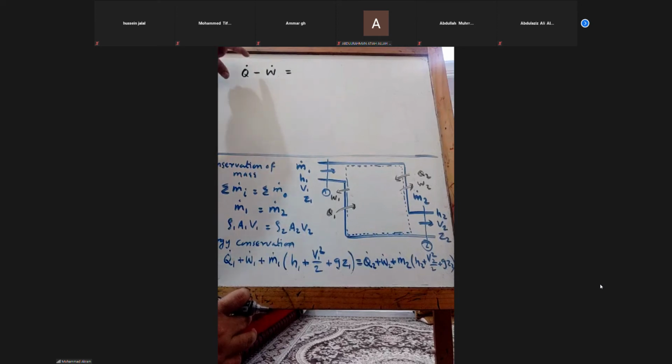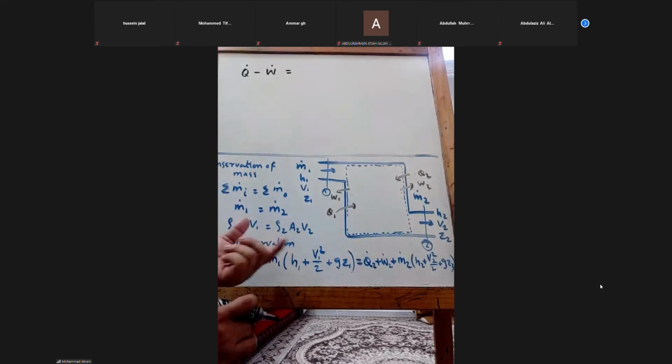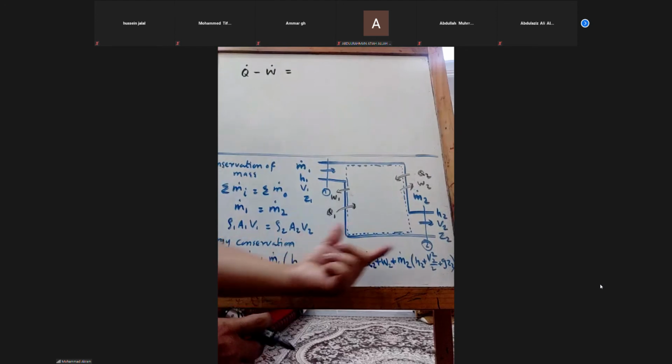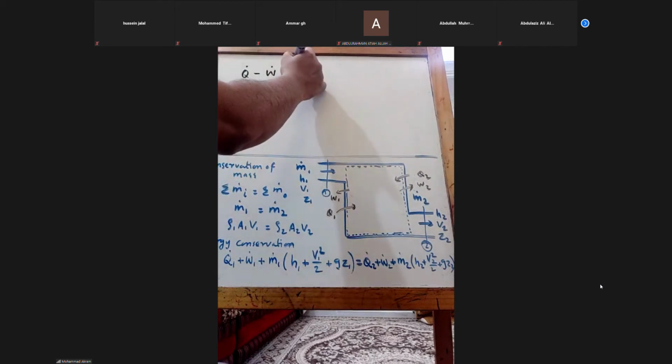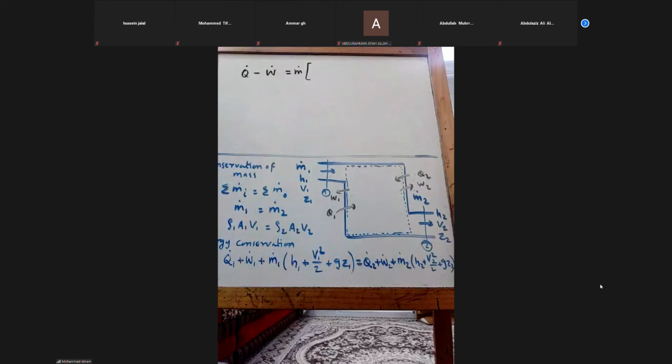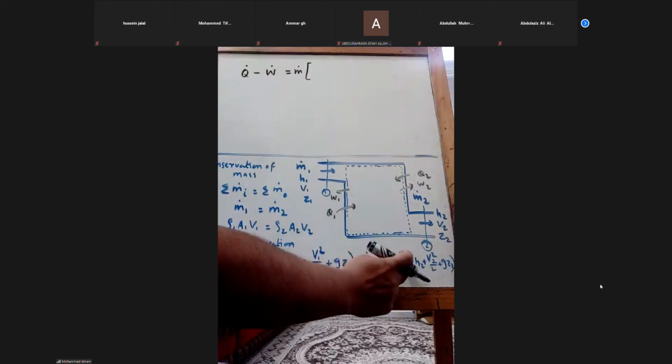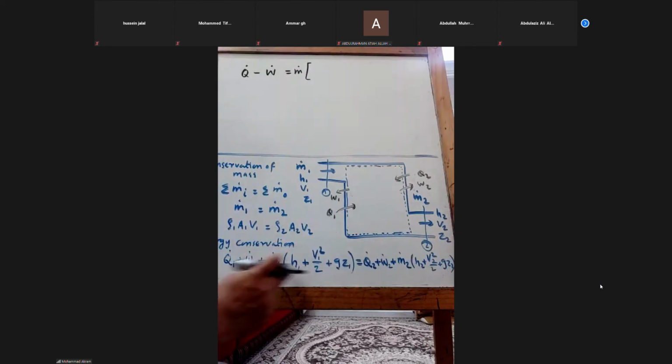Remember, first law of thermodynamics: Q minus W is equal to total energy. What is the total energy now? Outlet minus inlet. Now, M1 dot is equal to M2 dot, right? So we can write this just as M dot, a common factor. What is remaining now?